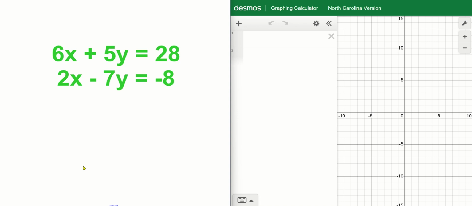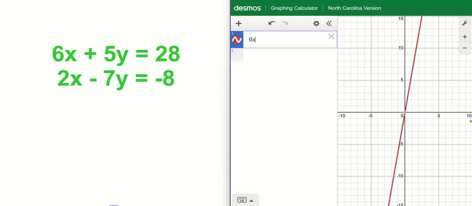All right, so let's start with this. We have two equations. We should be able to solve each of these without Desmos or with a calculator, but we've got one now. So what we want to do is put the equations in. Type in the two equations exactly as they are.